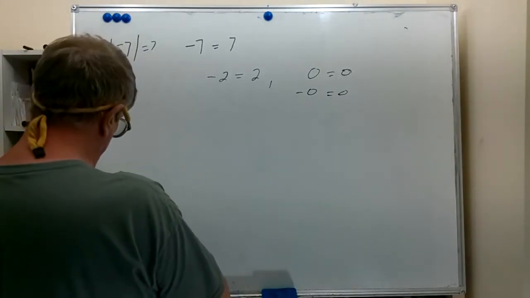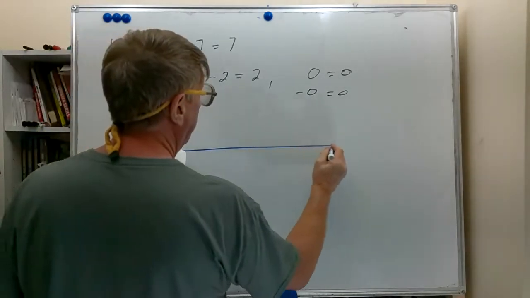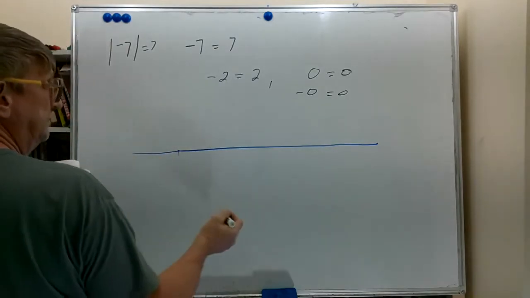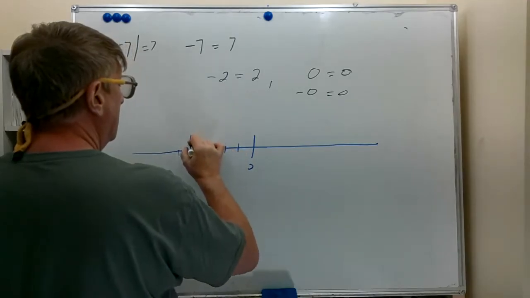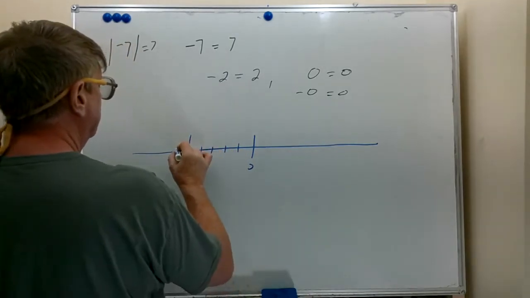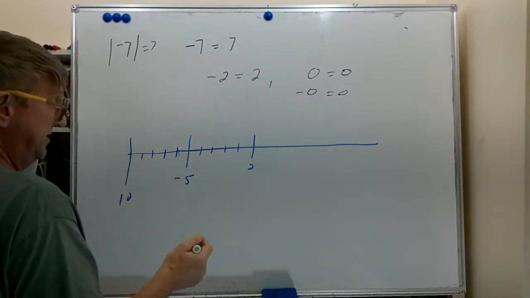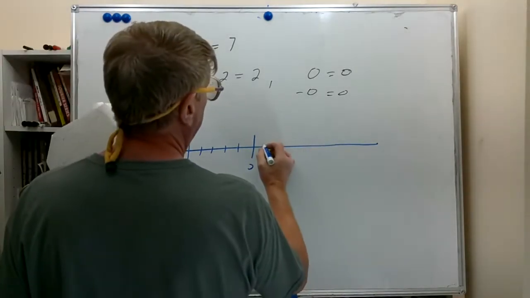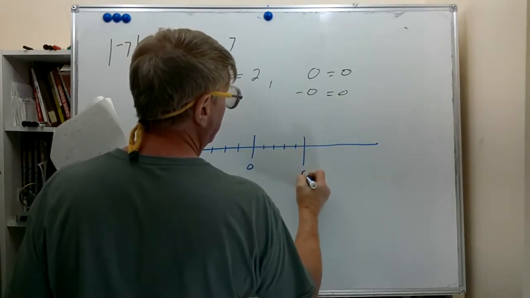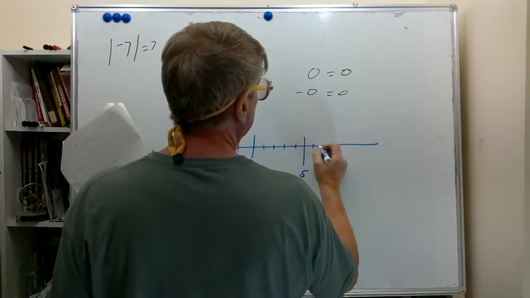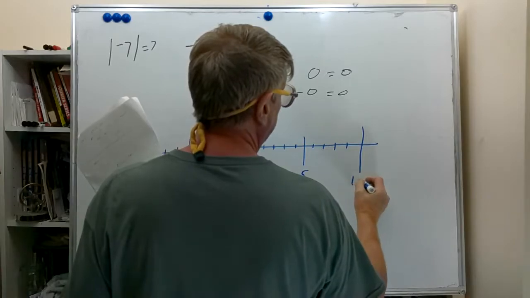Now let's draw a number line quickly here. Got a number line. 0, -5, -10, and over the side +5, +10.